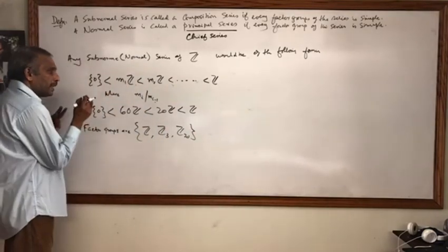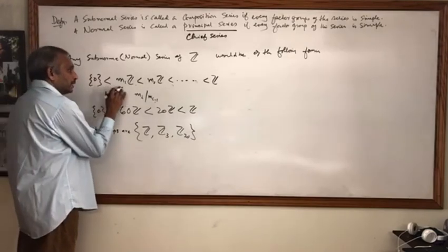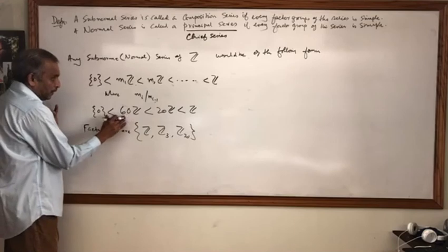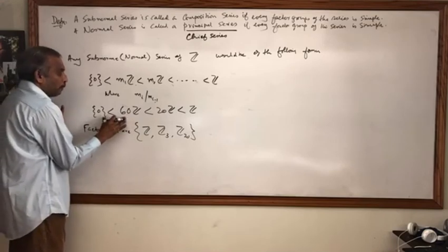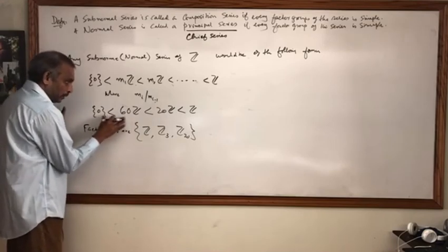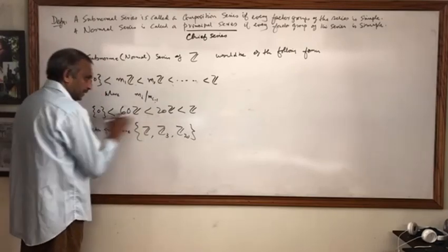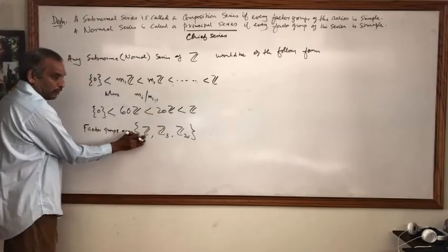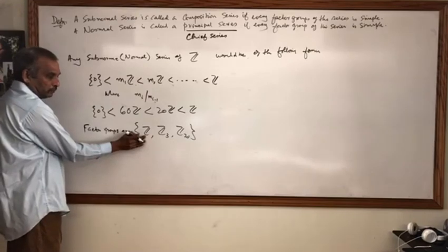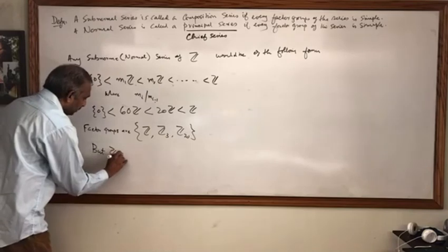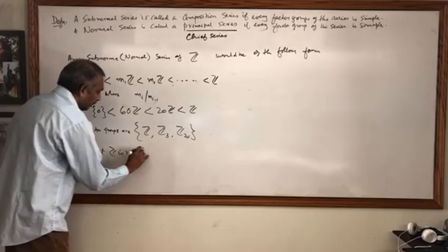So in every subnormal series, the factor group formed by the first two members of the series will be isomorphic to Z. But Z is not simple.